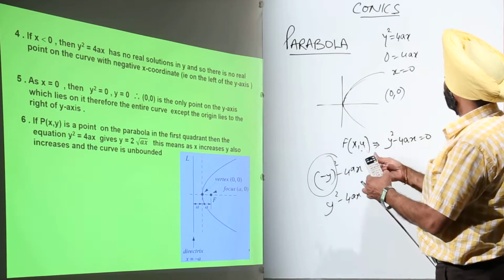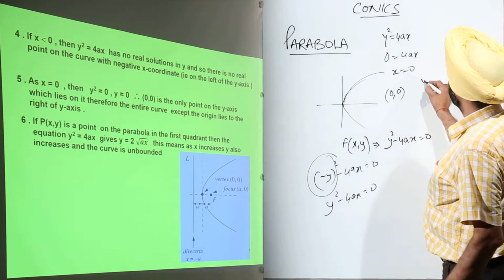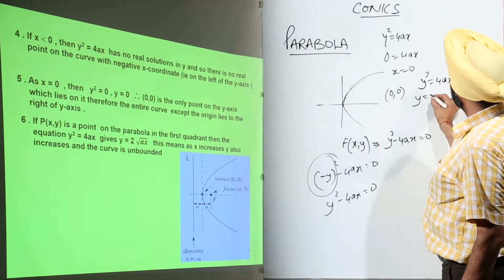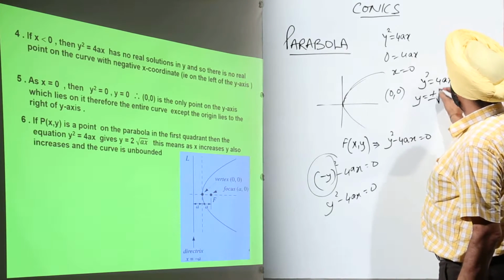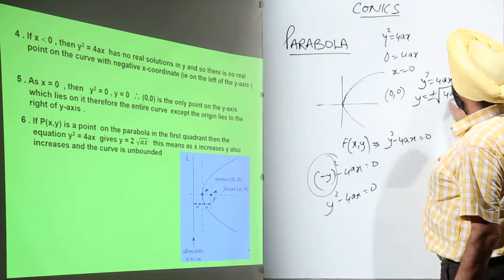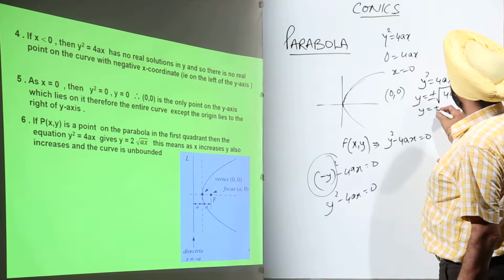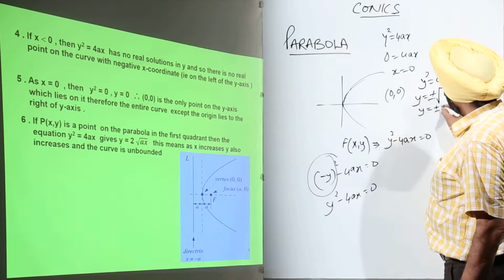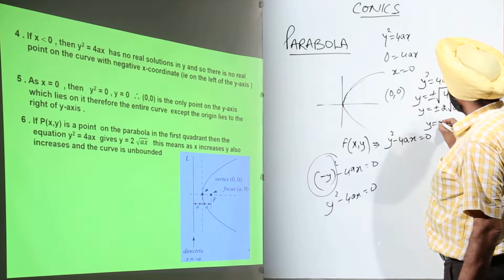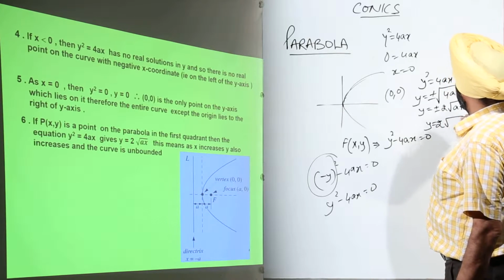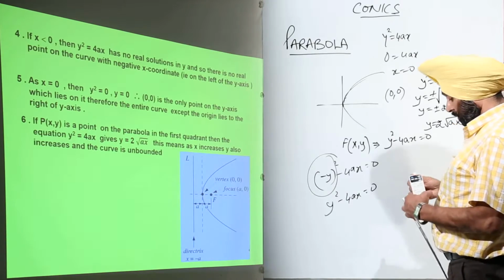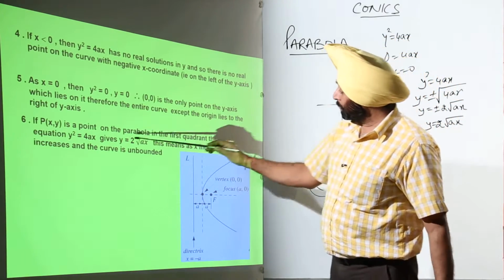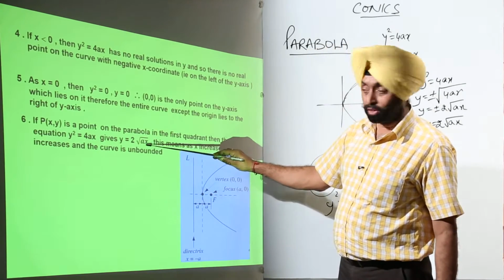We can write y is equal to plus minus square root of 4ax, which becomes plus minus 2 square root of ax. But here I have used the positive square root of ax, multiplied by 2.